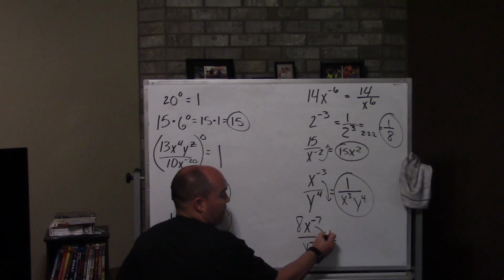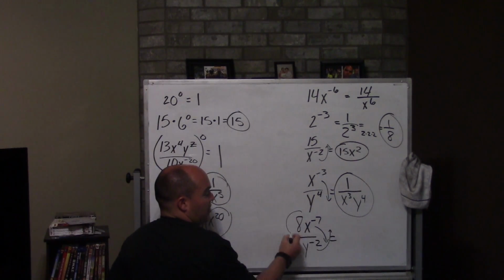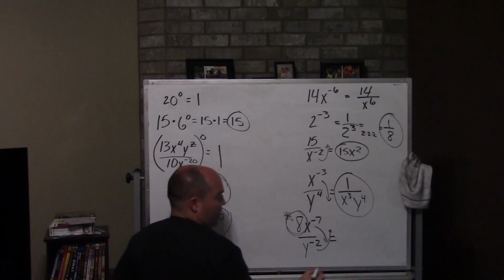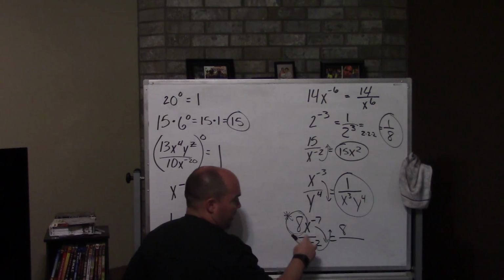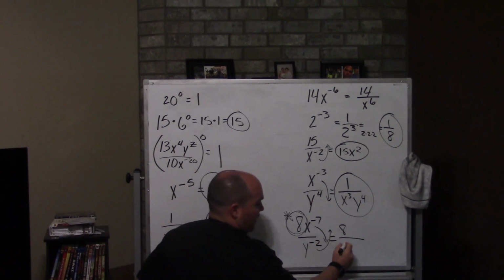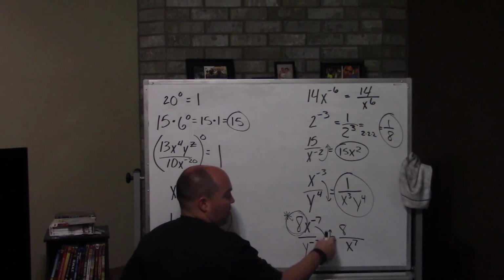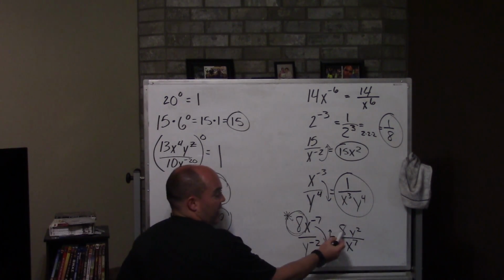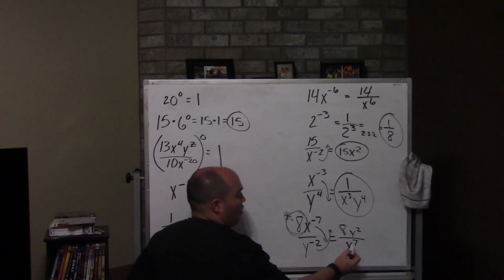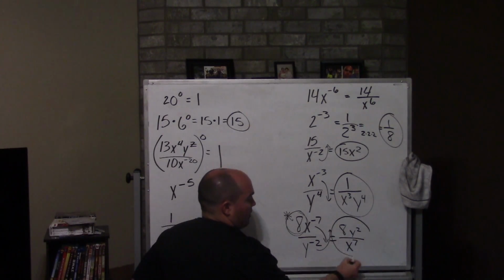The y to the negative 2 has to go up. The 8 is just a number, so it's just going to stay by itself. So I draw my fraction line. The 8's going to stay put, so I just write it. The x to the negative 7 has to go to the bottom. The y to the negative 2 has to go up. So my answer is 8y squared over x to the 7th.